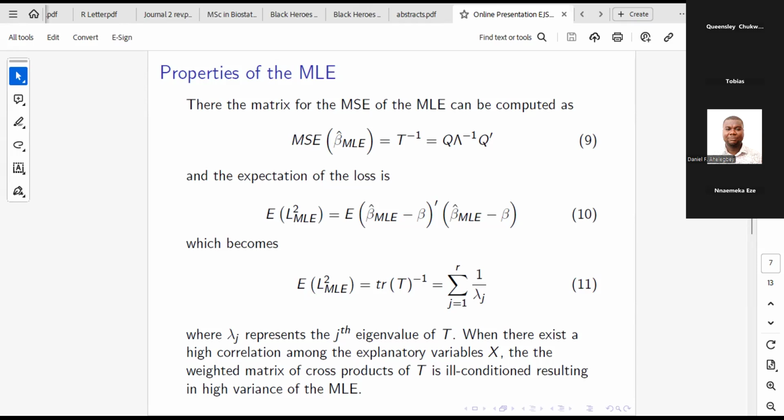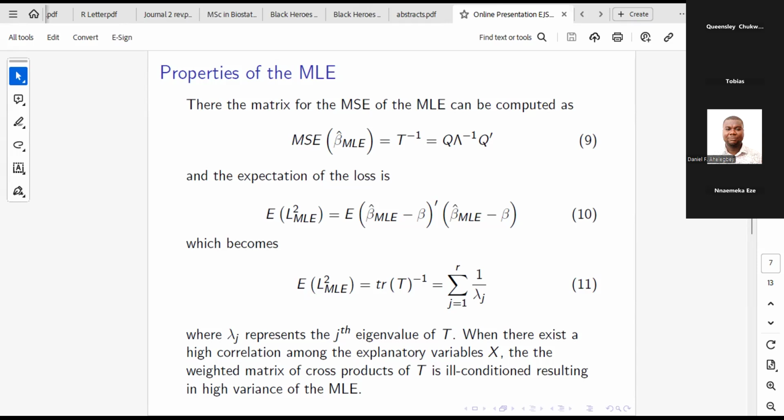So if we consider that, we would see that the mean square error of the maximum likelihood estimator would be computed as shown in equation 9. It would simply be the representation of the inverse of the matrix T, which we looked at in equations 5, 6, and 7.